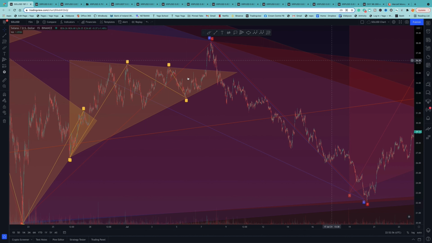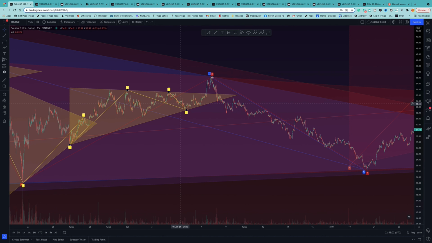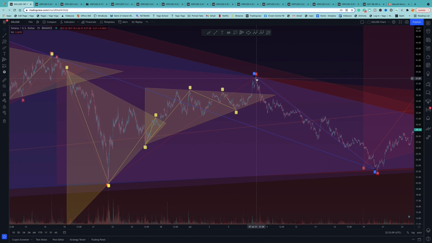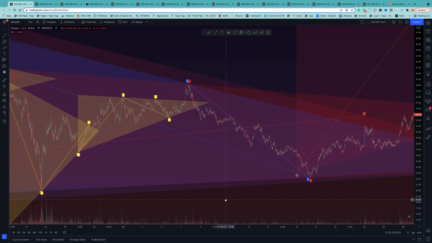Now the problem is, hang on, this is going up here, but this is actually on the way down. I know this is on the way down. Okay, then what the heck is this? What this is on the 1 hour, this is mountain peak. Now, again, if you're not familiar, you're like, what is he talking about?